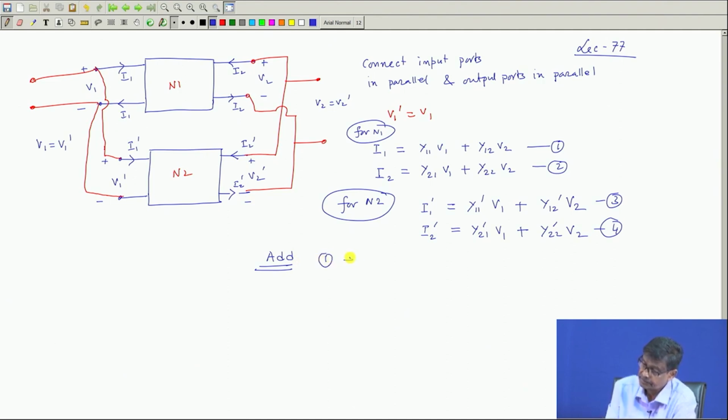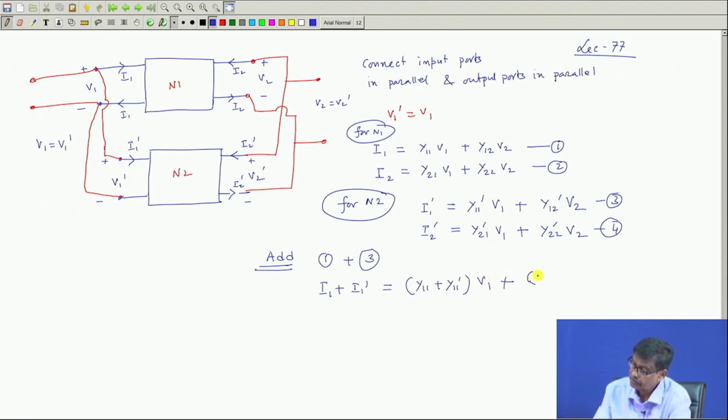It will give you I1 plus I1 dashed. I am adding this equation and this equation, 1 plus 3. So, I1 plus I1 dashed will be equal to y11 plus y11 dashed into V1 plus y12 plus y12 dashed into V2.